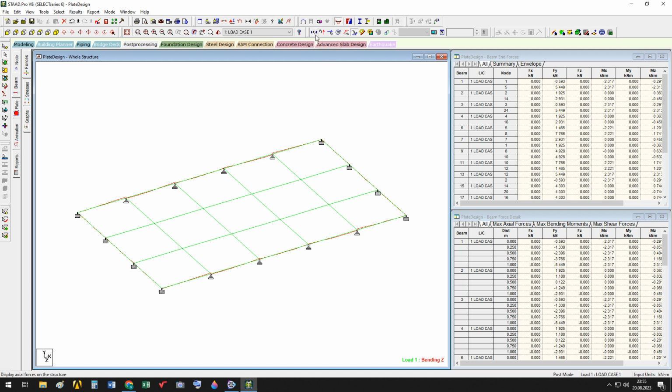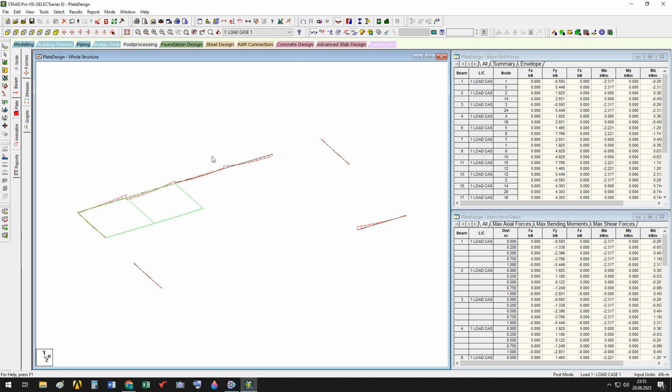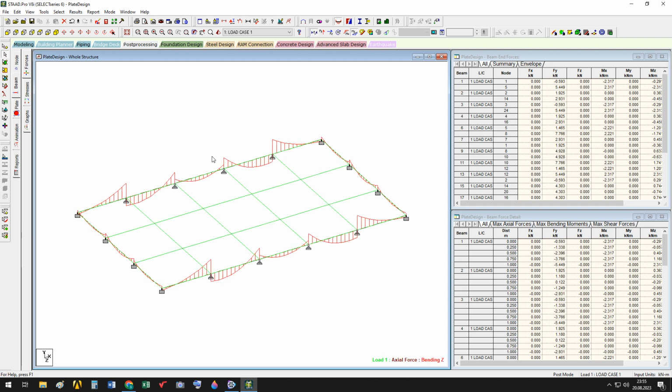We can see axial force. We can play with scroll, pressing the control button on the keyboard. We can see the variation of normal force in the beams, shear force, let's close this, and another shear force in the Z direction, and torsion.